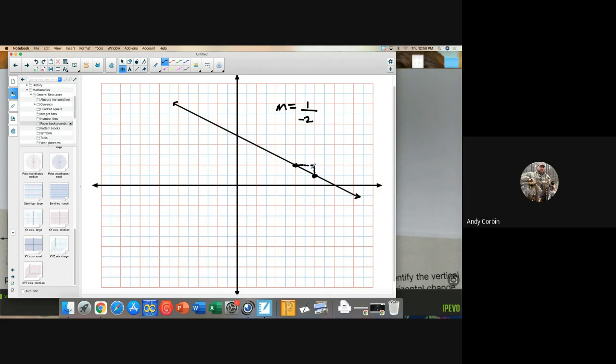Now, you may have picked different points. Let's say you picked that point and this one. Rise 1, 2, 3, run 4, in the negative direction, it's still -1/2. Maybe you started at this point and went down 1 to the right 2. Still negative, still -1/2.